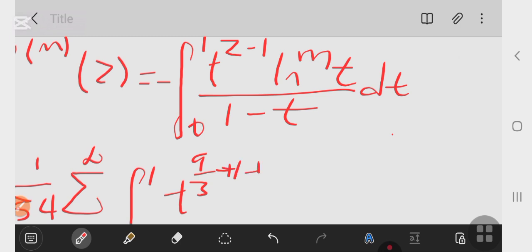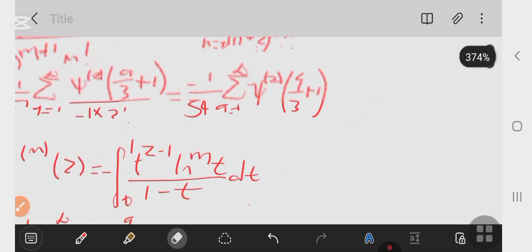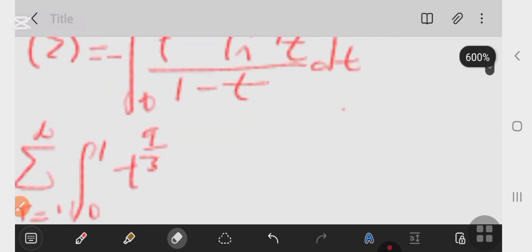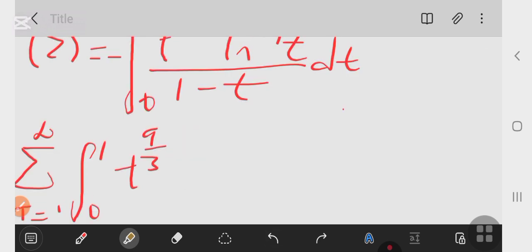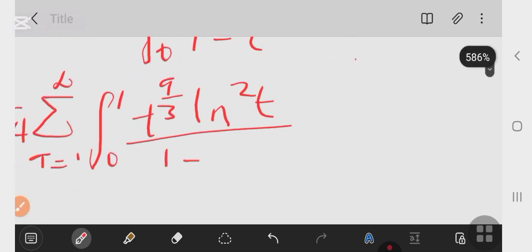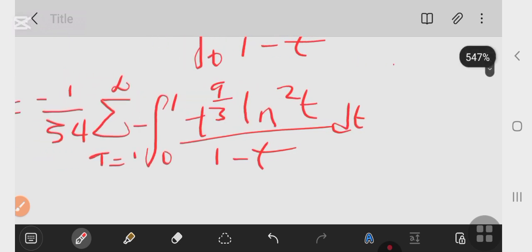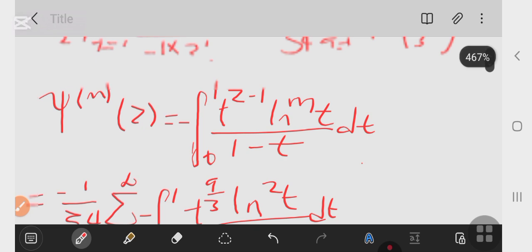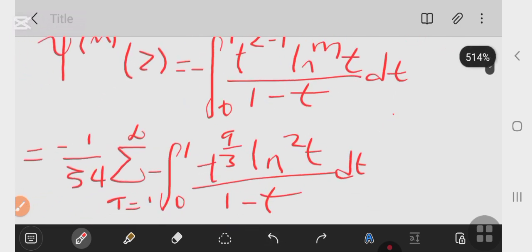Plus 1 minus 1 is 0, so there's no use for writing it. Then my m is 2, since I'm working with the Trigamma function. So I have ln square t all over 1 minus t dt, and don't forget your minus sign from the integral here. So minus minus is plus.